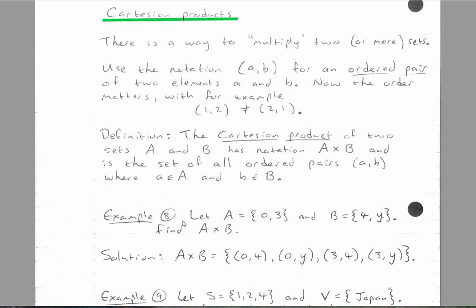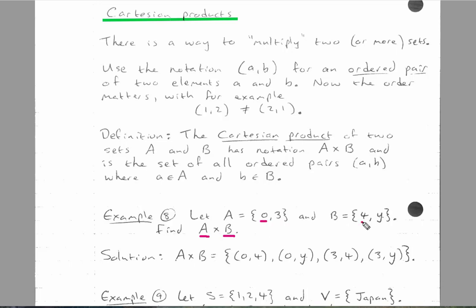But here's an example, example 8. Let A be the set {0, 3}, and B be the set {4, y}. Find the Cartesian product, A cross B. So we're making ordered pairs, and all you have to remember is that the first element has to come from the first set, and the second element has to come from the second set. The first elements are 0 or 3, the second elements are 4 or y. So we get these four combinations.